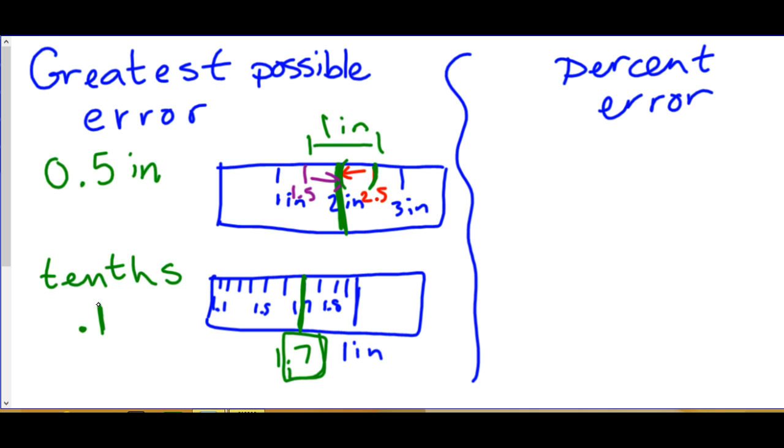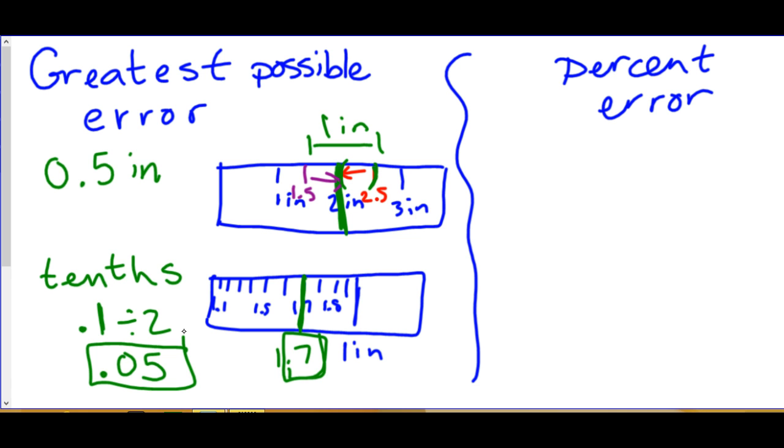But we only want half of that. Just like this 1 inch was the entire distance of error, we only want how much we would have to go up or down from 1.7. So if we divide this by 2, we get 0.05. That is my greatest possible error.